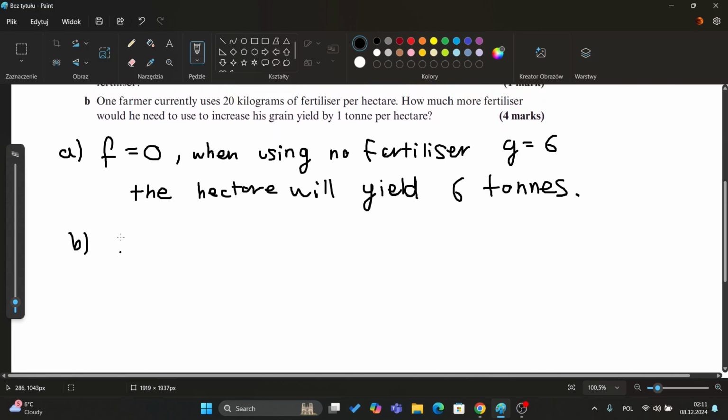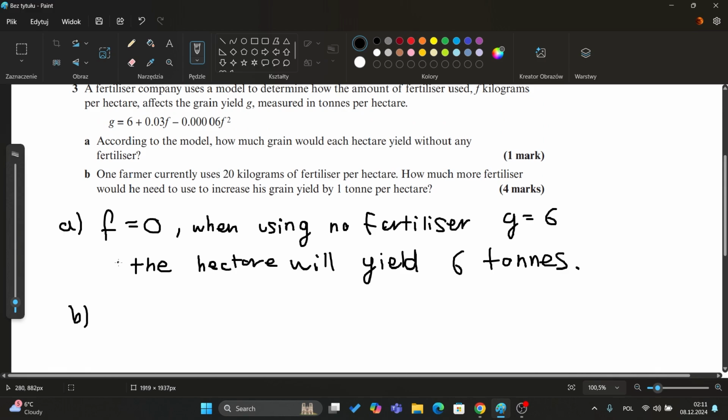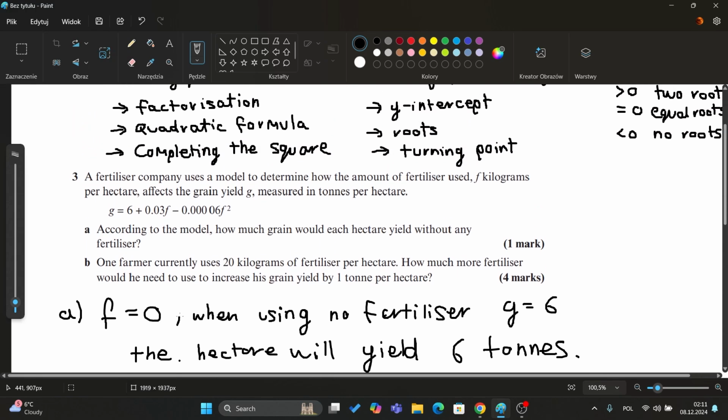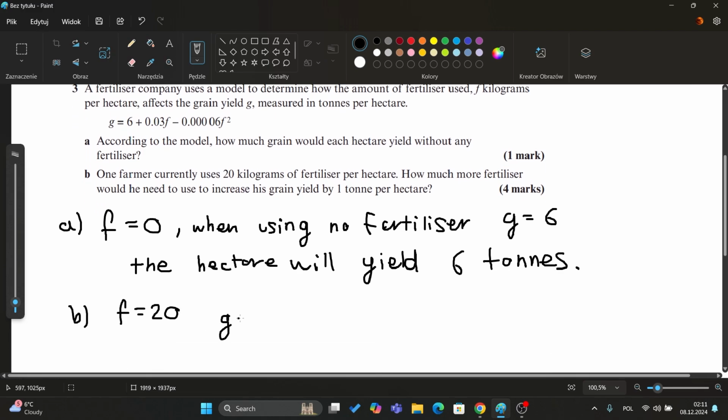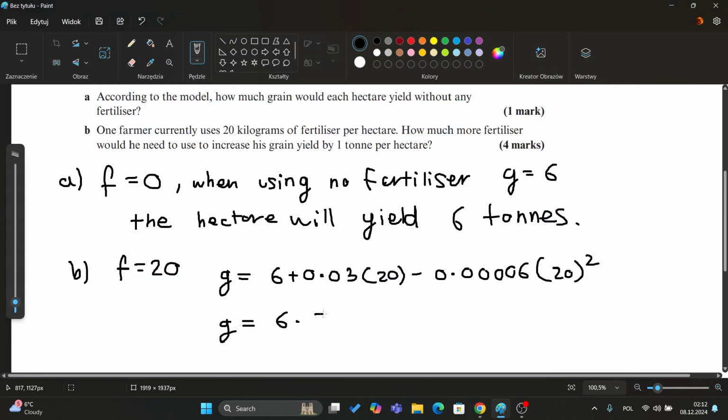Now for part B. One farmer currently uses 20 kilograms of fertilizer per hectare. How much more fertilizer would he need to use to increase his grain yield by 1 ton per hectare? So, if F equals 20, because that is kilograms of fertilizer per hectare used, then G equals 6.576 tons.